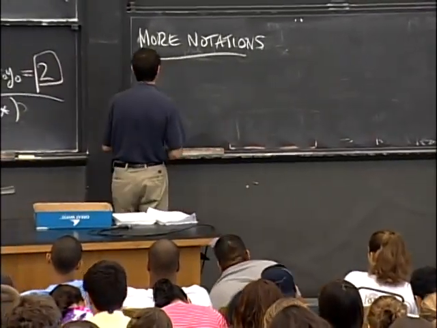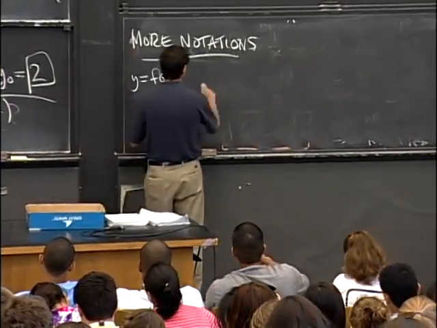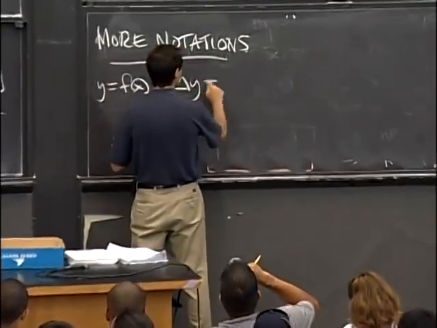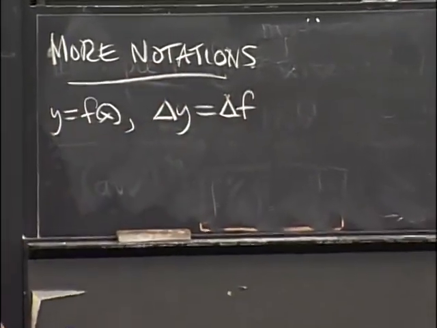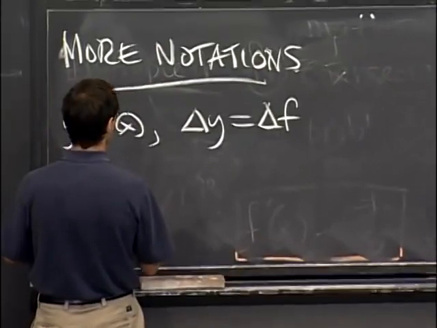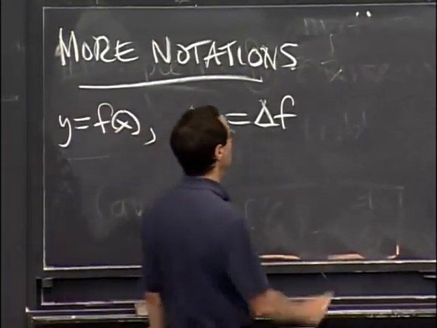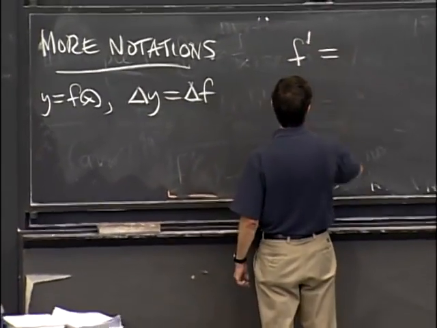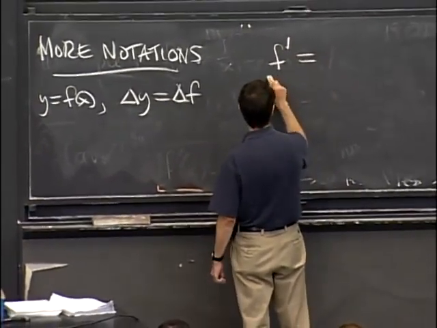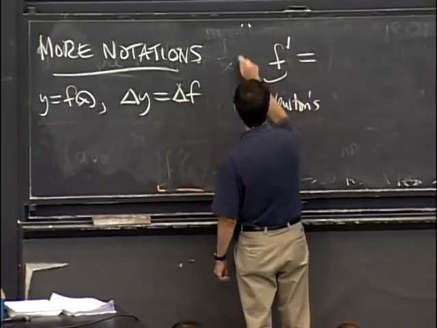The first one is the following. We already wrote y is equal to f of x. And so when we write delta y, that means the same thing as delta f. That's a typical notation. And previously, we wrote f prime for the derivative. So this is Newton's notation for the derivative.